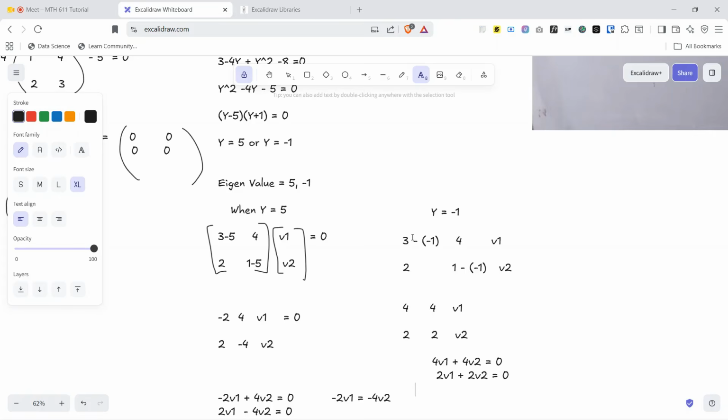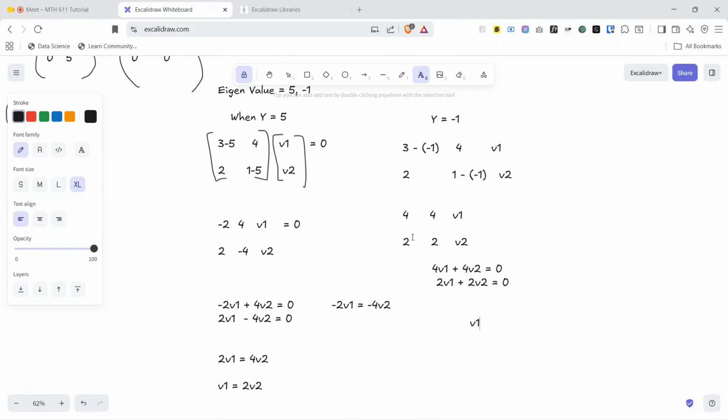From both equations, we arrive at v1 equals minus v2. By the time we move this to the other side, it becomes 4v1 equals minus 4v2, and then you divide by 4, so you have v1 equals minus v2.